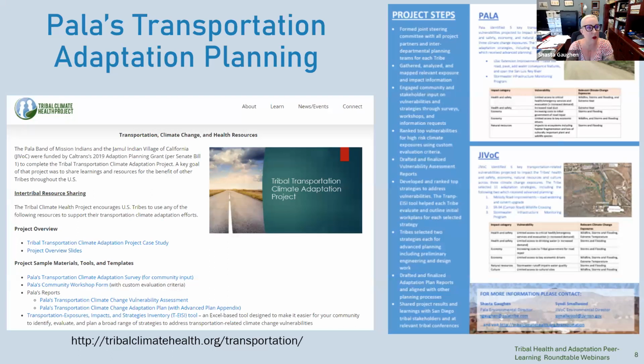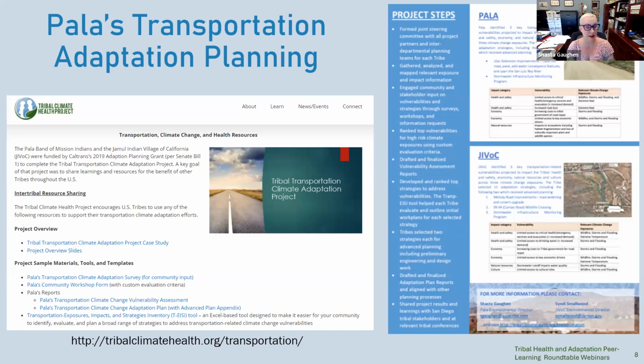But one of the really important things that we were able to do through this grant was to develop some potential projects for implementation. And we all know as tribes that that's one of the hardest things to do, get those projects up to the implementation stage and then get funding for them. We also worked in partnership with the Jamul Indian Village, a tribe in the southern part of San Diego County with quite different transportation needs than our own, because of where they are and the size of the reservation versus Pala.